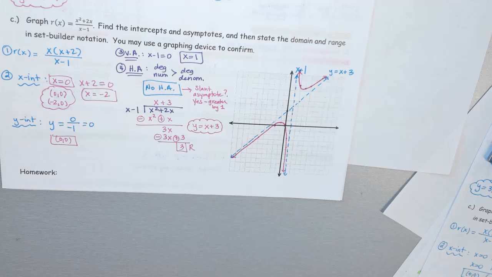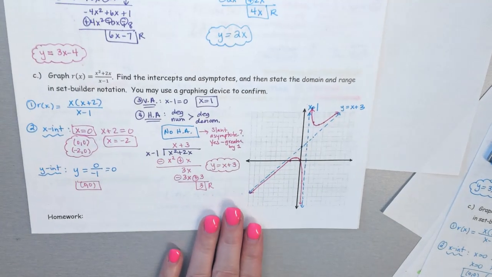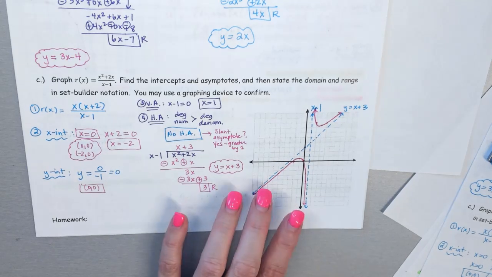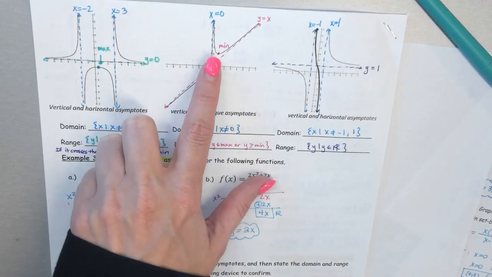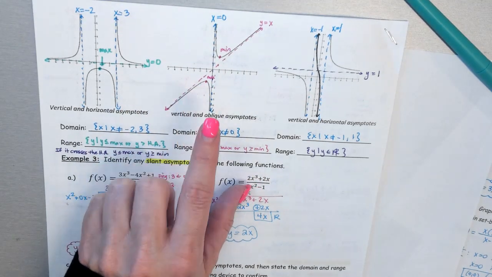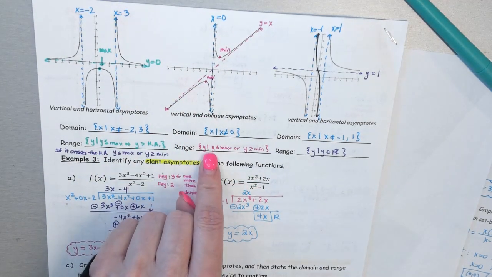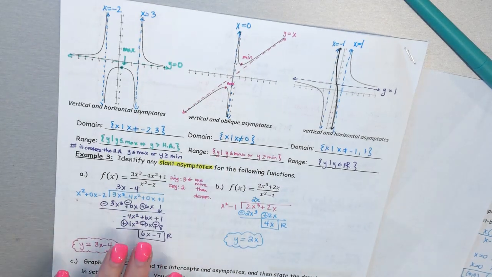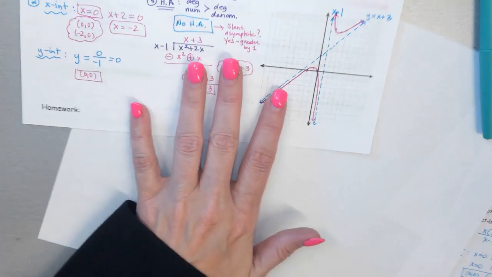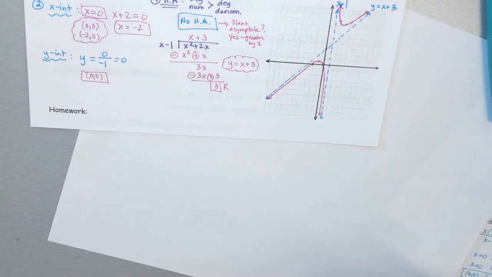Okay, so now you have each branch there. And once you have each branch, you're ready to do the domain and range. Okay, if you're not sure what to do for the range, use what we did at the beginning of today to help you. So this graph looks a lot like our second situation, which is where we have to find the max and the min of each of those curves. Okay, the domain is nice because you have a set pattern every time.